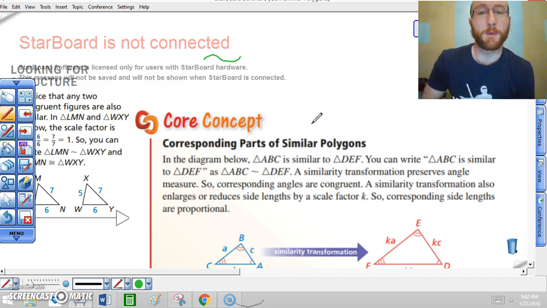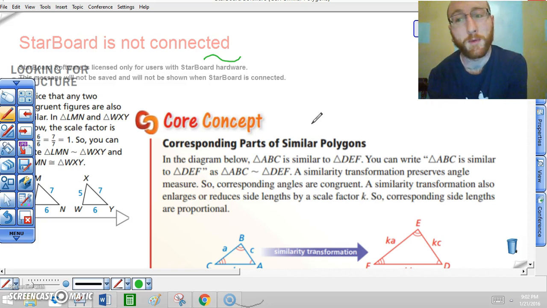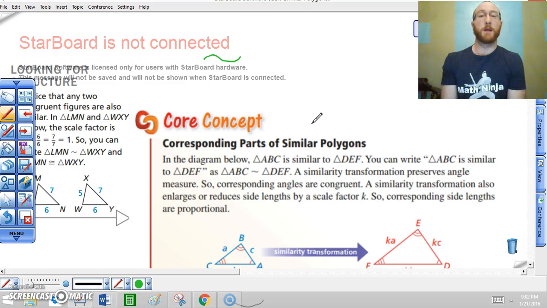Now, there are a couple of cool properties of similar polygons. Since similarity transformations preserve angle measure, the corresponding angles are congruent, just like in congruent figures. Also, a similarity transformation enlarges or reduces side lengths by a scale factor, which is k, which means all the corresponding side lengths are also proportional.